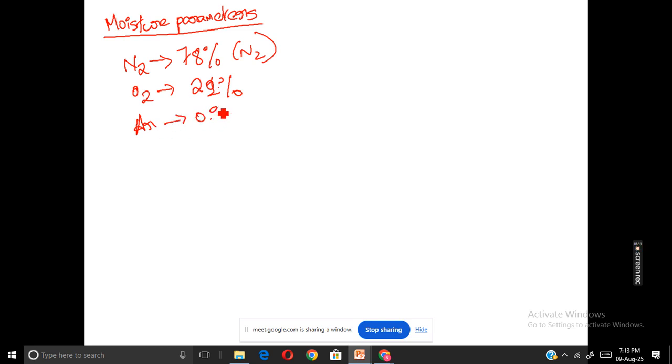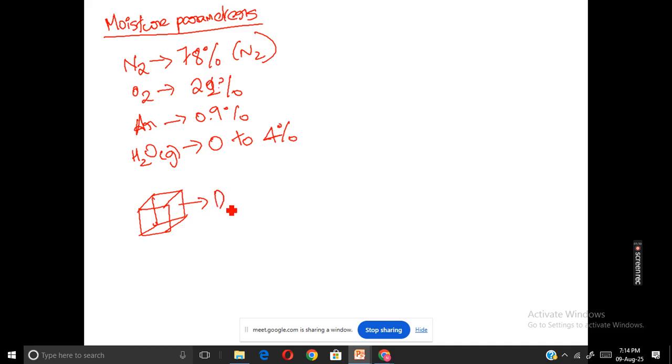Argon was around 0.9%. If you remember when we discussed water vapor, the value of water vapor changes from 0 to 4% based on the availability of water vapor. Okay, it is not a constant. Suppose we are taking an air parcel, a small volume element of the air.